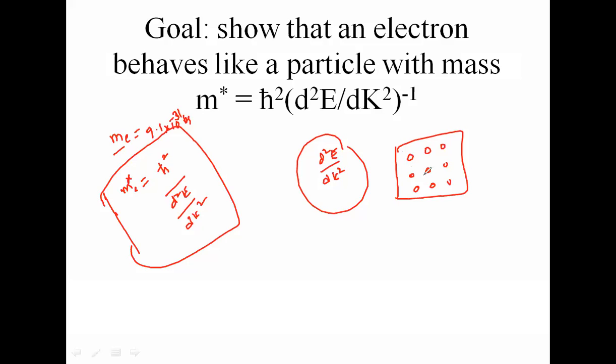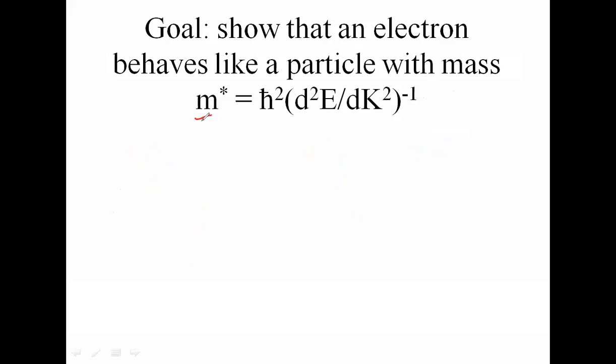Based on that, we discussed that effective mass comes only when the electron sees the potential of a crystal lattice. Is it clear? Effective mass plays an important role in the case of crystals. You can have the effective mass only when the electron sees the potential of the lattice. Okay, that's good.